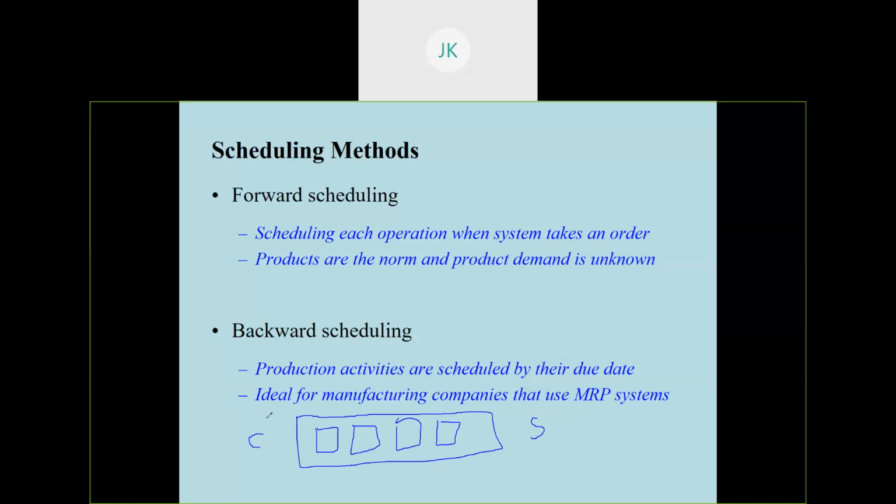A make to stock system knows the due date. Like this one takes 5 days, so this one must start at least 5 days earlier than the due date. So schedule this one first, and then schedule this one, this one, and this one.